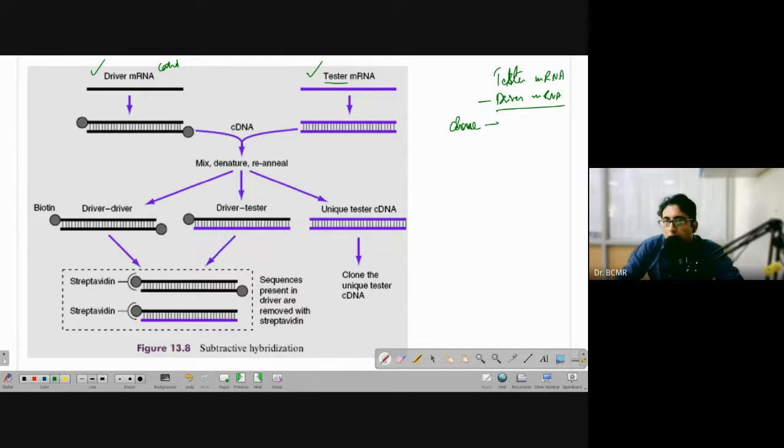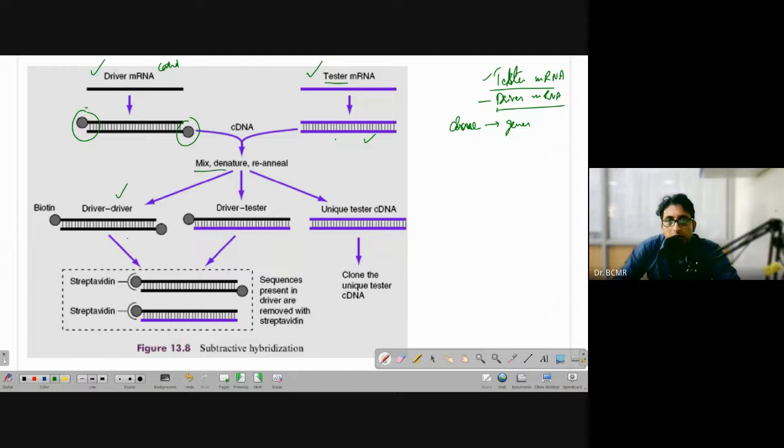We are cloning the genes that are present in tester but not expressed in the driver. So in that we will make cDNA, but for the driver we will use biotinylated primers, so that we'll get the driver cDNA that has biotin on either side, and cDNA for the tester. We'll just get the cDNA.